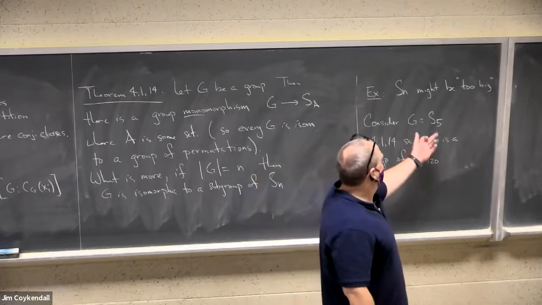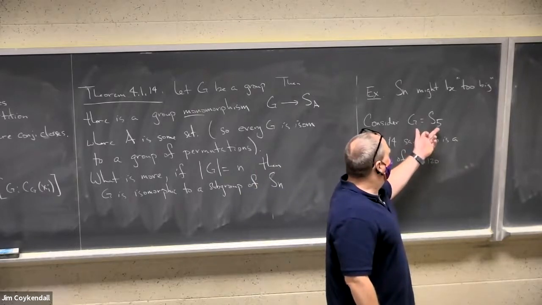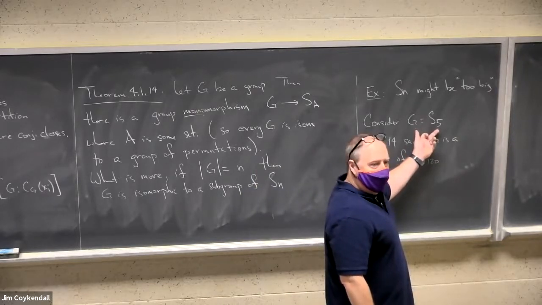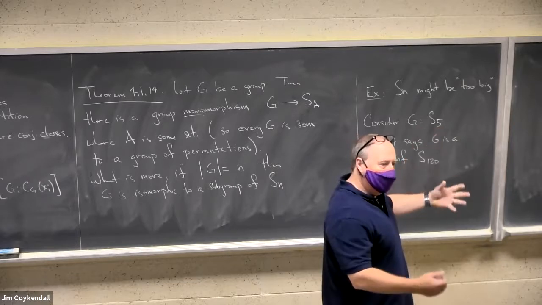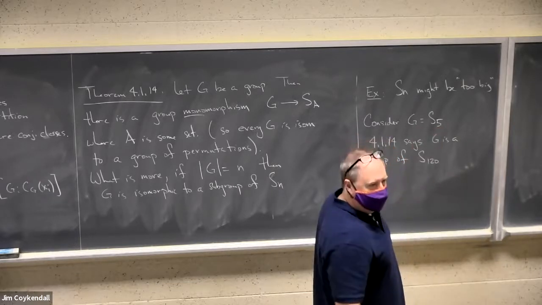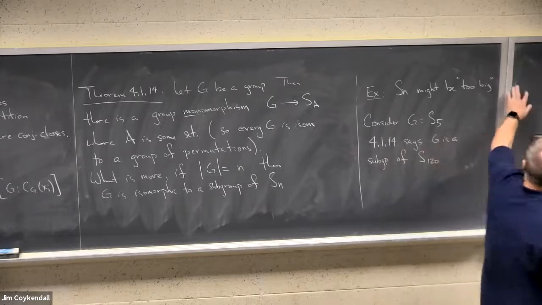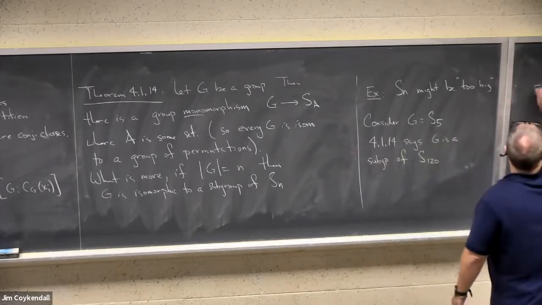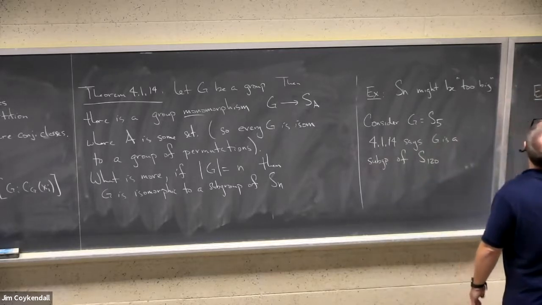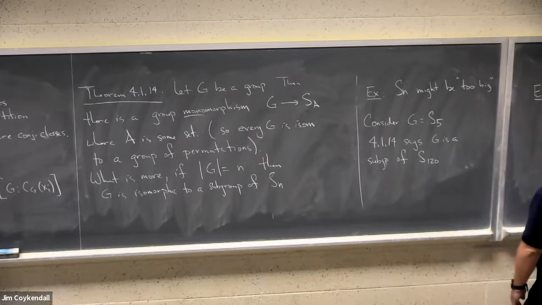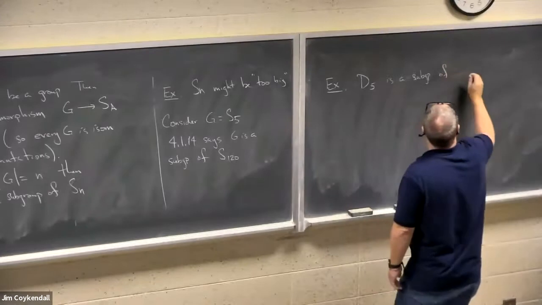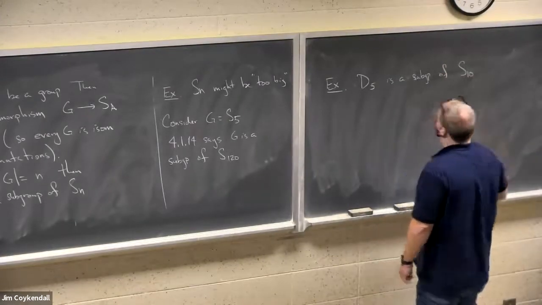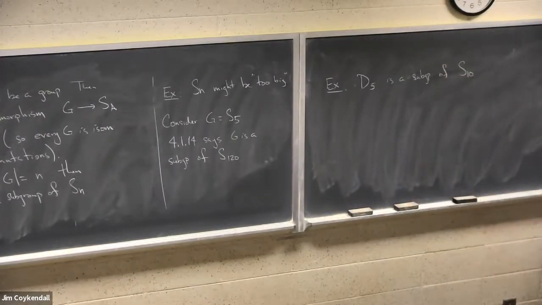And of course, S5 is a group of order 120, and it's very efficient, right? So let me give you an example. D5 is a subgroup of S10. That's what the theorem says, because D5 has 10 elements in it, right?